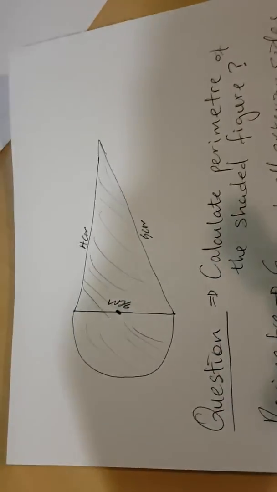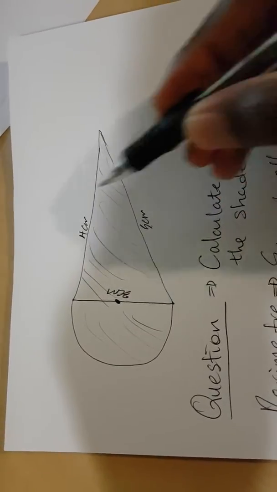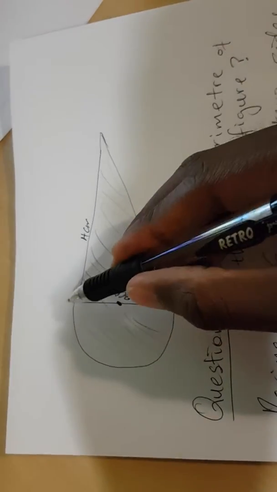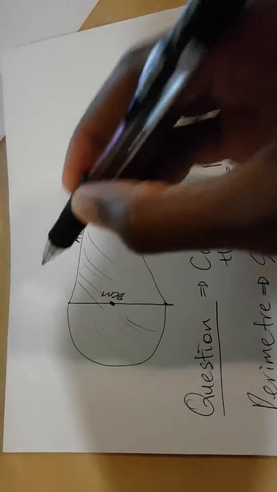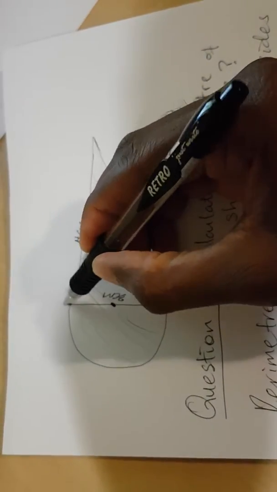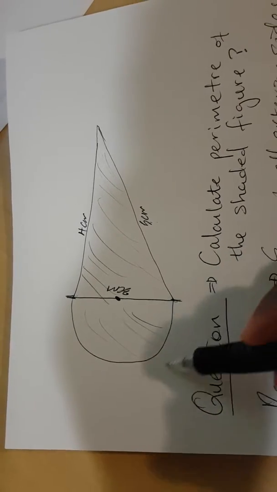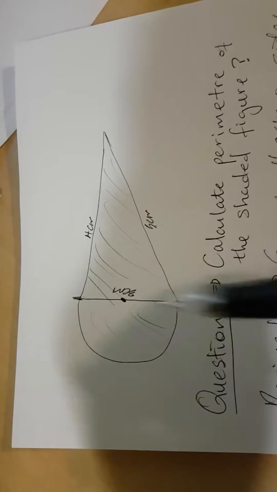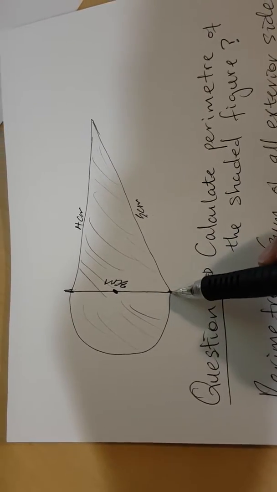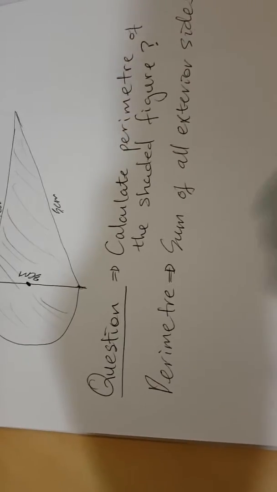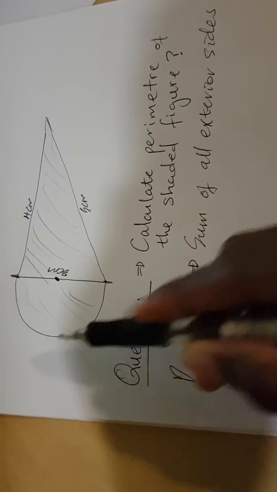To calculate the perimeter of this diagram, you have to add 5 centimeters plus 4 centimeters plus this side, but this side remains unknown. What for sure we don't know is, from this point right round to this point, how many centimeters do we have? As you can see, this is a half circle, so you need to calculate the perimeter of the half circle to find the units for this side.